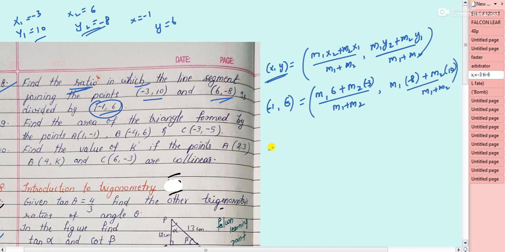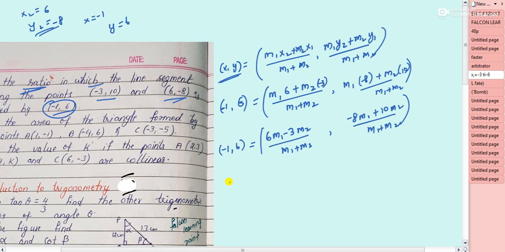Okay, so this becomes minus 1 comma 6, which is equal to (6 m1 minus 3 m2) divided by (m1 plus m2), comma, (minus 8 m1 plus 10 m2) divided by (m1 plus m2). Okay, so just equate this with this and this with this.